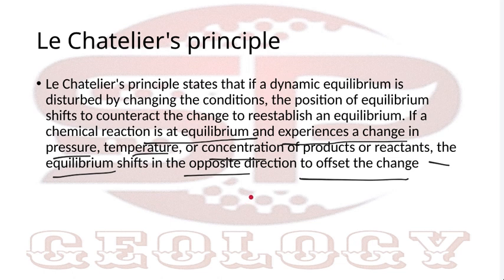If you are adding more reactant, for example XY equal to CD in equilibrium, and you add more XY, then it will convert to CD. It will move in that direction. If you add more CD, the product, then it will react in reverse to produce XY to maintain the chemical equilibrium. That is Le Chatelier's principle.